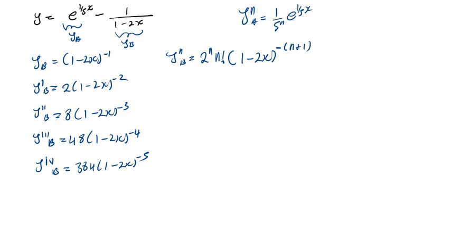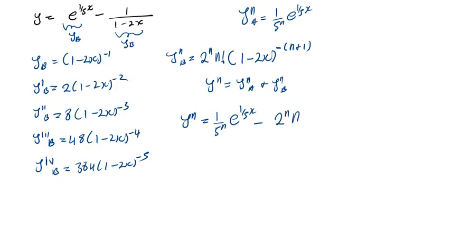Having said that, y^(n) is equal to y^(n) of a plus y^(n) of b. So y^(n) is going to be equal to 1 over 5 to the n, e to the 1 over 5x, minus 2 to the n by n factorial.